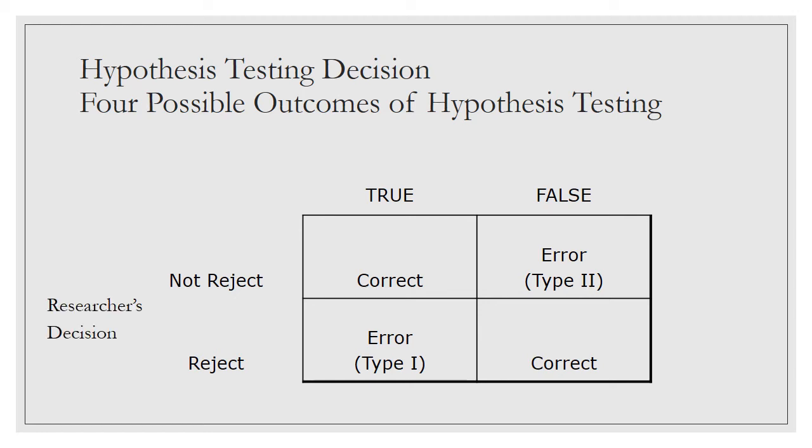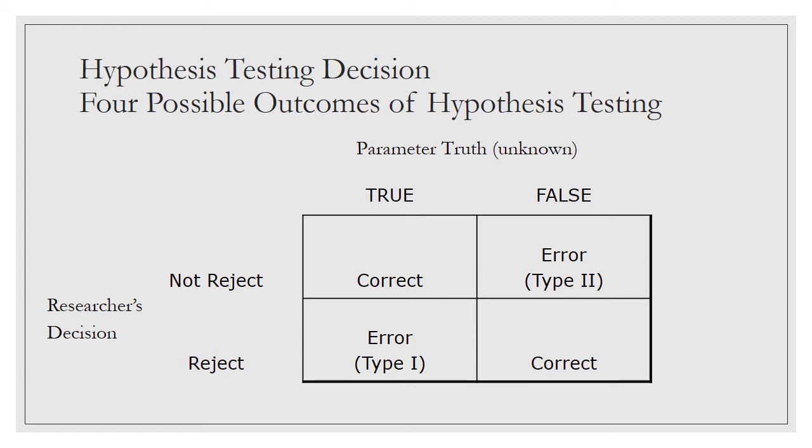Those are the decisions that a researcher makes. But there are actually four possible outcomes from those research decisions. For either decision, there is the possibility that an error has been made because the true value of the parameters will not be known, because the entire population is not measured. Tests of a specific hypothesis will yield one of these four possible results based on the actual situation in the population and the decisions of the researcher.